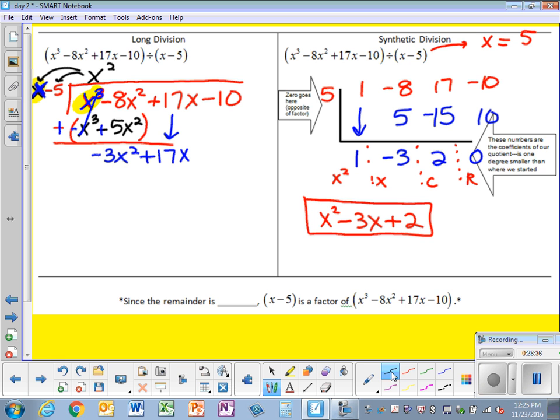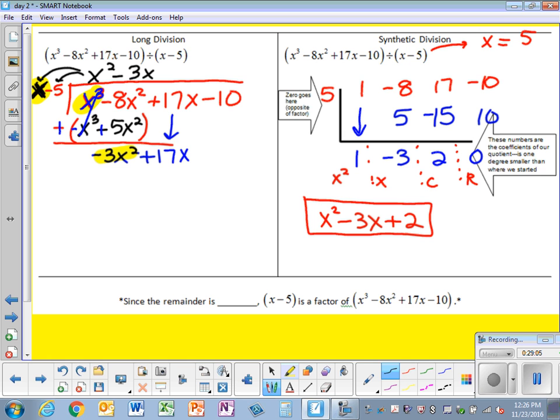All right, so now we're going to look at these guys again. That first term, the x, now you're going to look at it with the negative 3x squared. X times what gives you negative 3x squared? Negative 3x. Does that make sense?